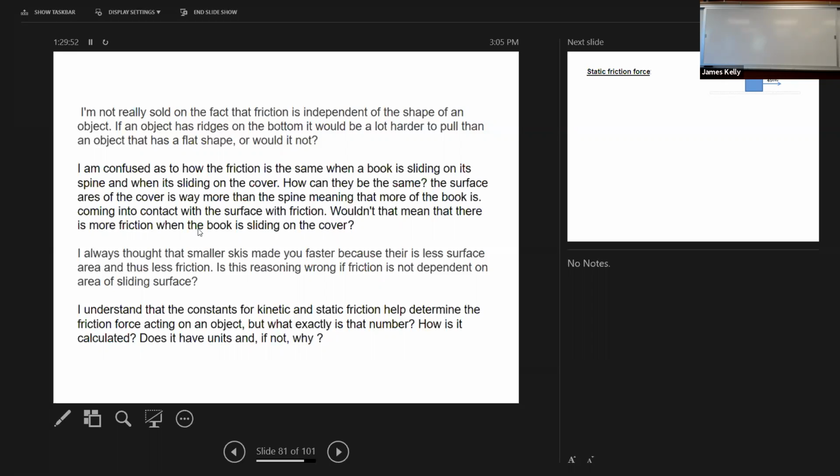So if I don't push down much on it, maybe only the parts of it at a microscopic level, the little ridges sticking down, touch the table, and they form very weak bonds. Whereas if I push down, I really mash it into the table, and maybe more of that stuff gets deformed and it actually bonds over a larger surface area. But that depends on the pressure. The local pressure is what's going to determine that, not the total force, but the force per unit area.